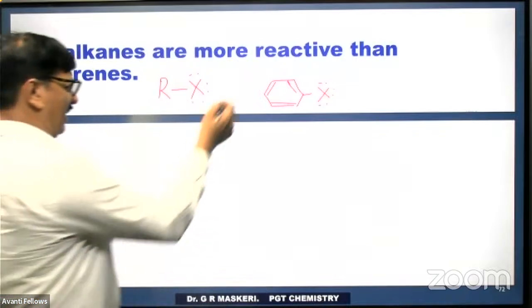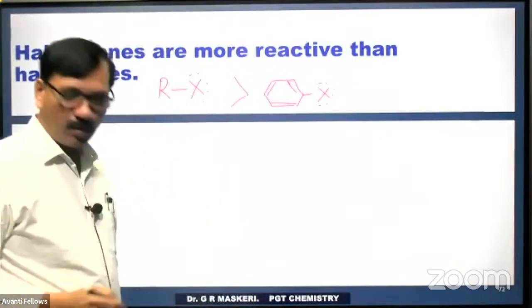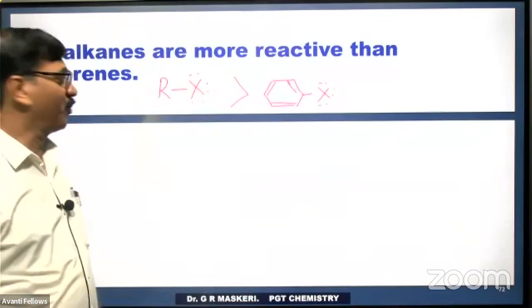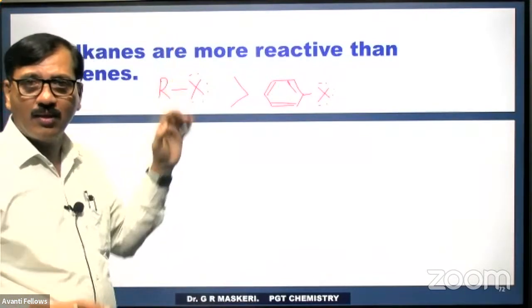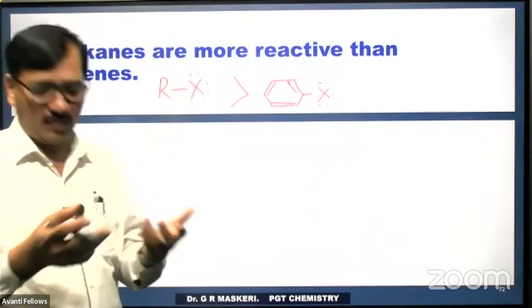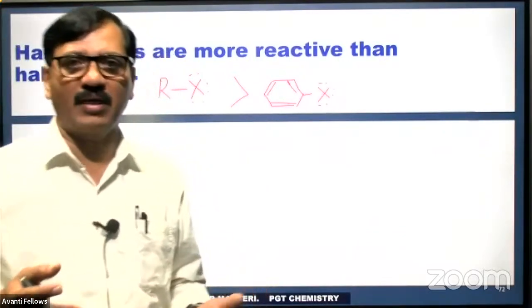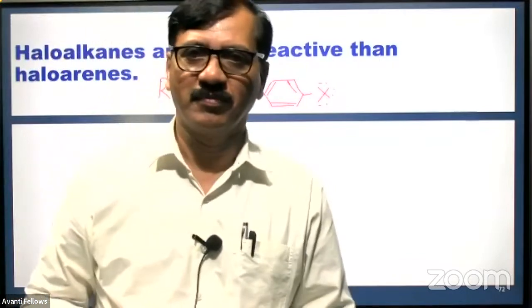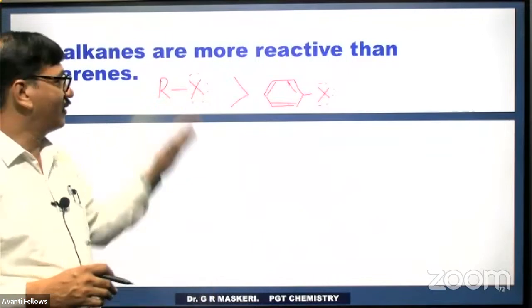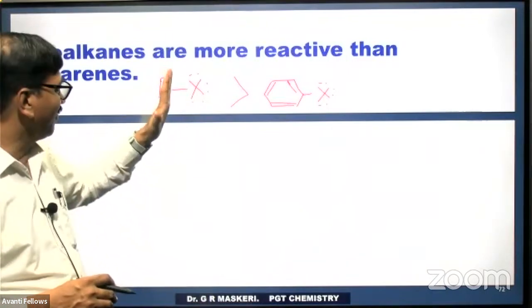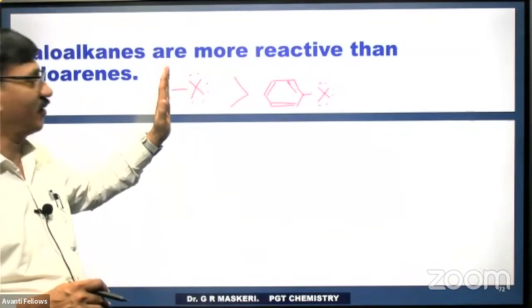Now, this is more reactive. More reactive means this bond can be broken easily. What is a chemical reaction? It is the breaking of bonds and formation of new bonds. If this bond is weaker, then it easily undergoes reaction.